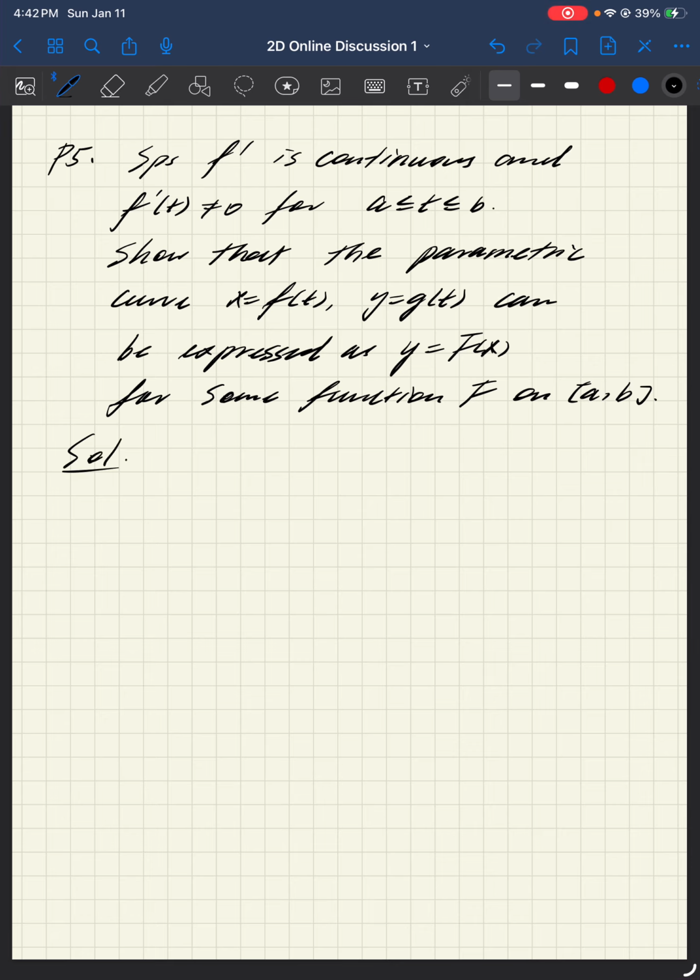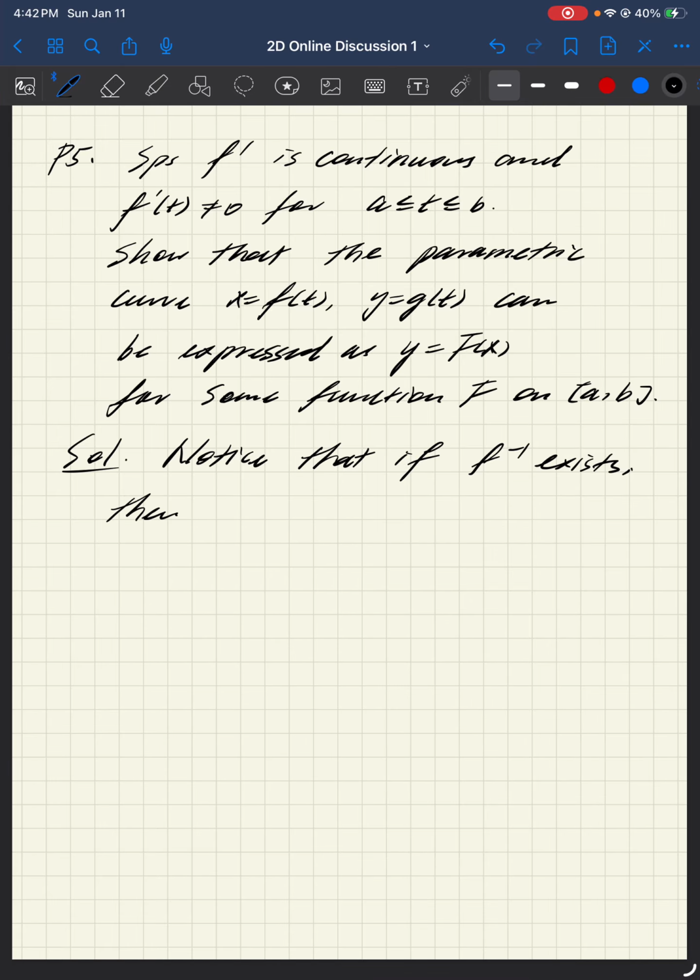So notice that it would be really convenient if the inverse function of little f exists. Why?